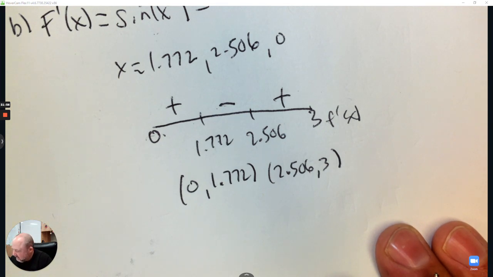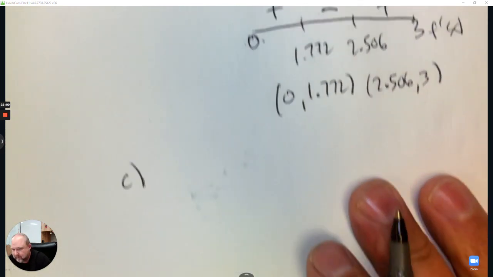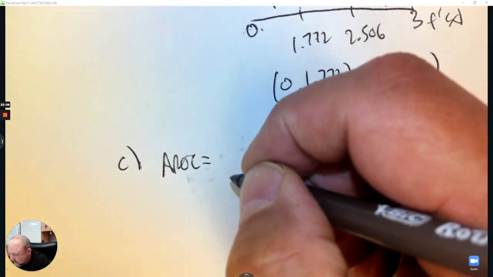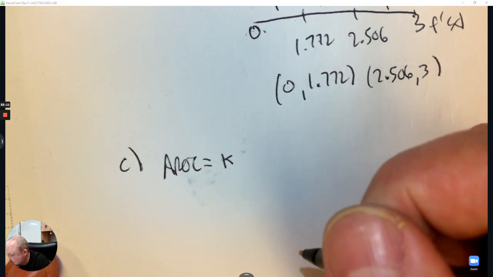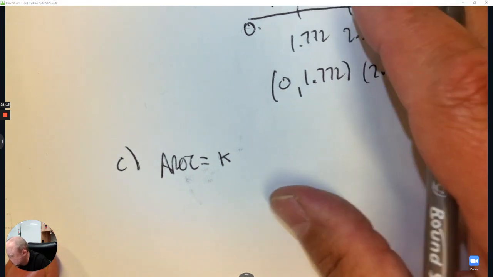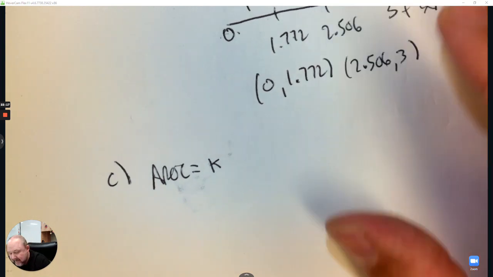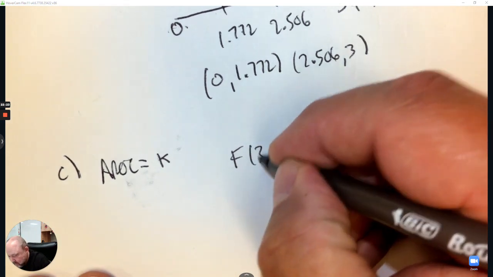All right, part C, last one. If the average rate of change, that's AROC, is K, find in terms of K. So the average rate of change from 1 to 3 would look like this.